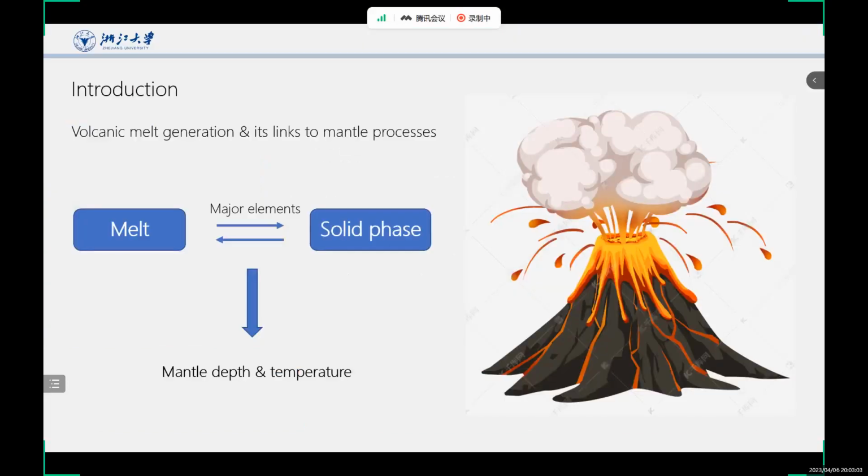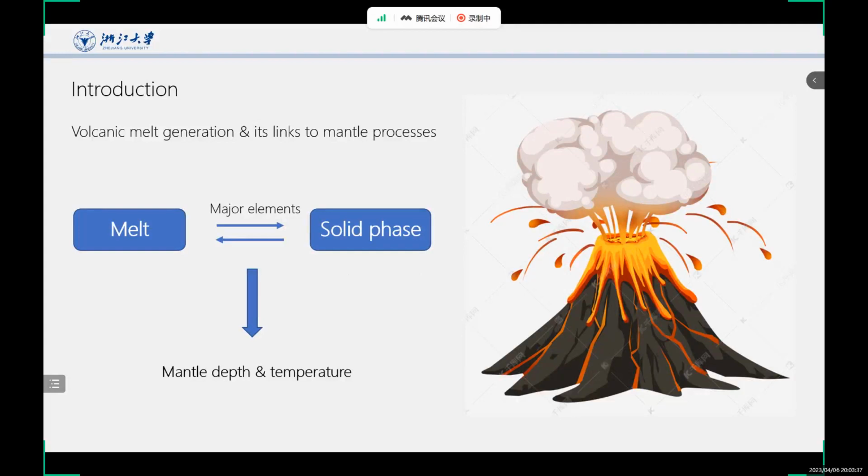About the introduction of this paper: it's important to understand volcanic melting and how melting behaves in the mantle. One way to understand that is to analyze the composition of the basalt melt, because the melt exchanges elements with a solid phase under different temperature and pressure.